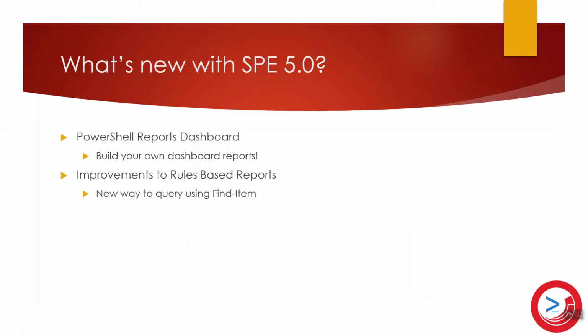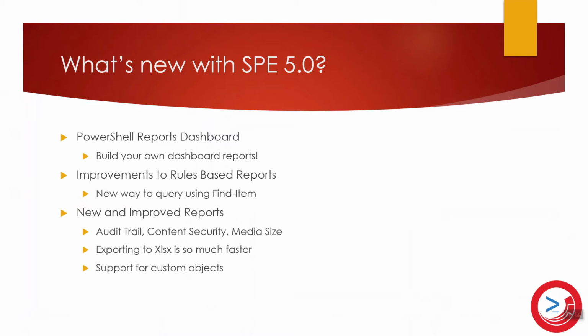There are some major improvements to the rules-based reports. I felt like the previous version lacked quite a bit, and in order to make these improvements, the Find-Item command was revamped to include some additional functionality. There are many new and improved reports.